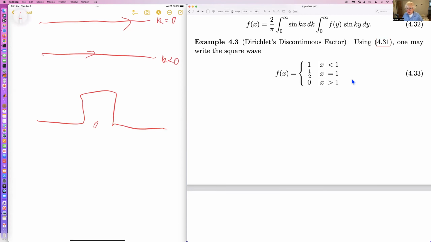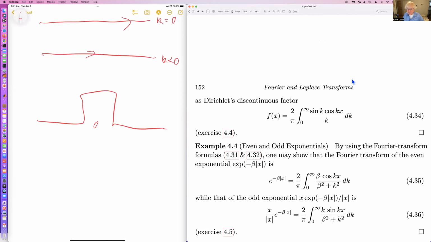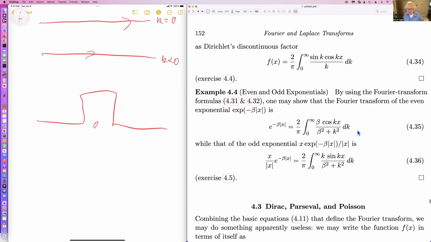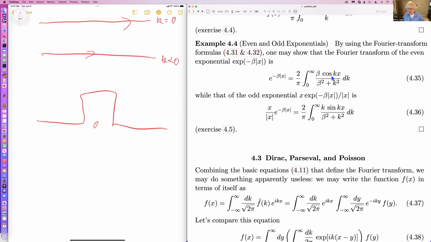And you can write it in this way if you want. The Fourier transform of an even function looks like this, and this is even, and the Fourier transform of an odd function then is odd. I guess that's kind of obvious.